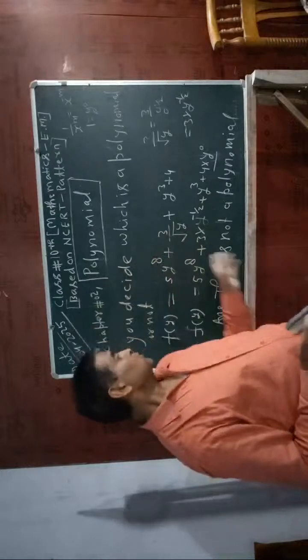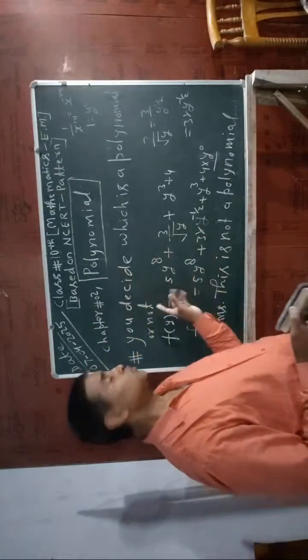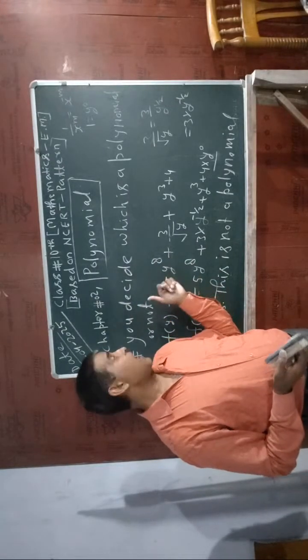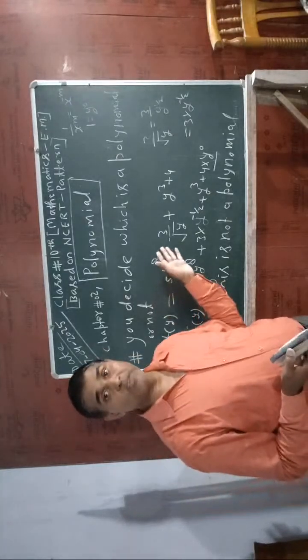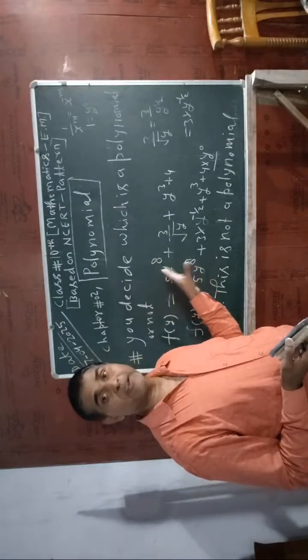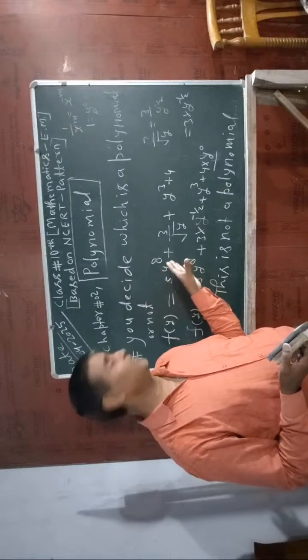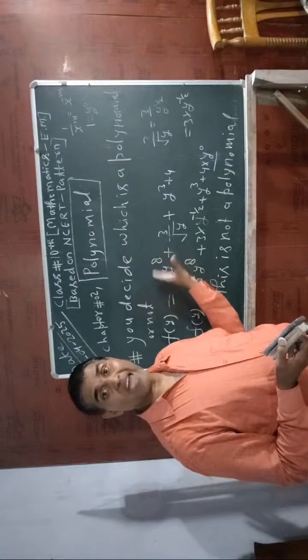Okay, students, so I am going to explain another topic. The first topic I explained was what a polynomial is, and the second topic was the degree of a polynomial. I also explained questions in different ways, showing how you will judge or decide whether the given function is a polynomial or not.